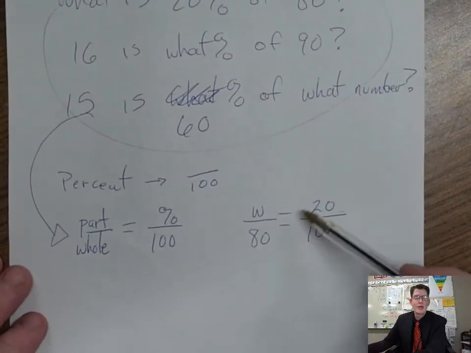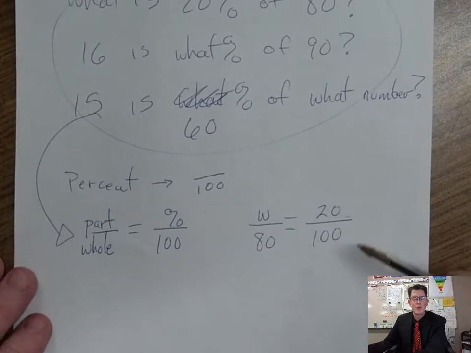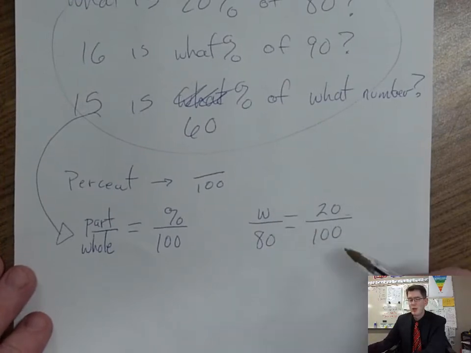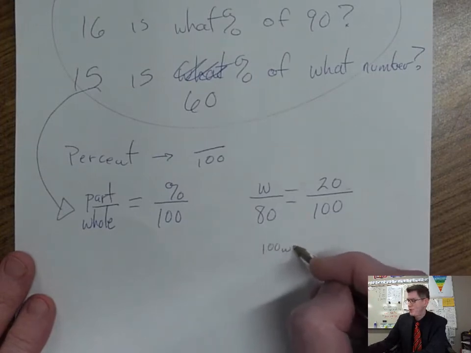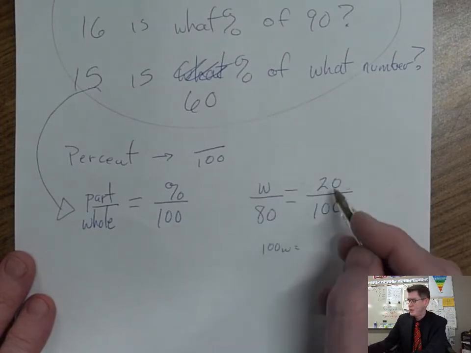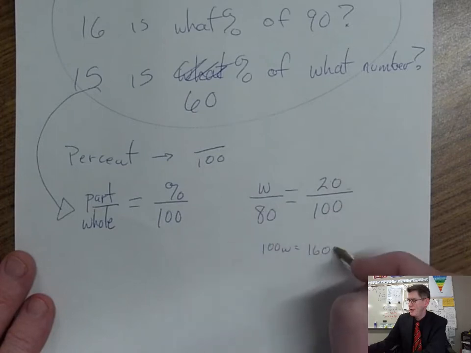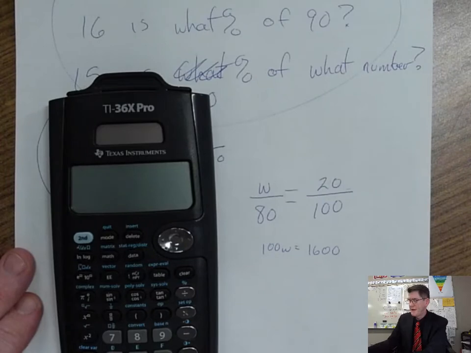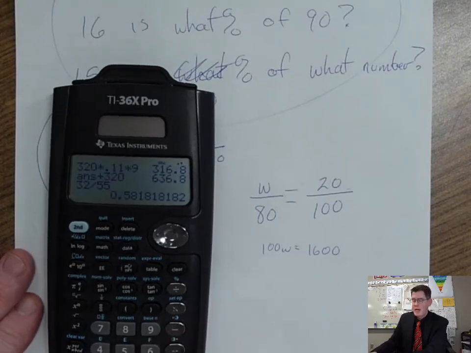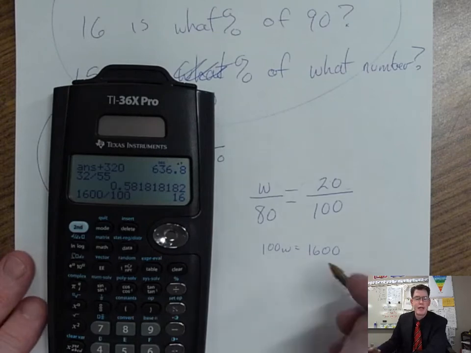Now you can just solve this proportion the way we've been solving proportions all along. Cross multiply and then divide. If I quickly go through that, 100 W's is, when you type that in the calculator, 1600. Divide both of these by 100, and whatever 1600 divided by 100 is, some of you can do that in your head.